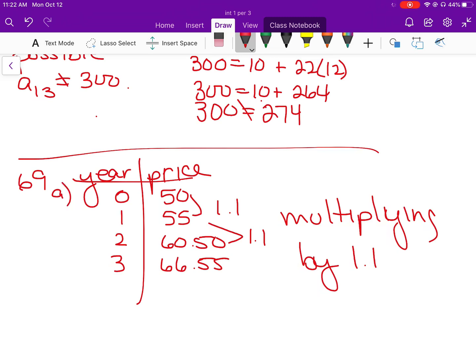That's part A. Part B, what will the price of admission be in year 6? So how would I find year 6? I know year 3. What would I do to year 3 to get to year 4? This is like a rebound ratio, right? Can we just keep multiplying it a couple more times? Yeah, do it.